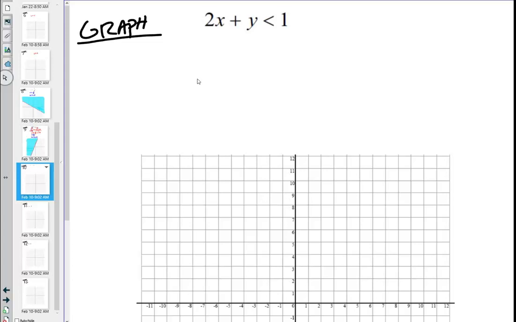I get you confused. It's Elena. Right, you're okay. So Elena, how would I isolate y here? Minus 2x. So then Ariana, what's the slope going to be?